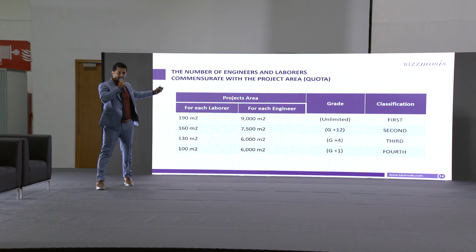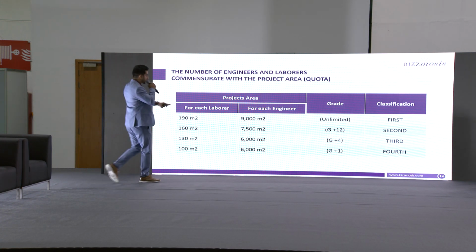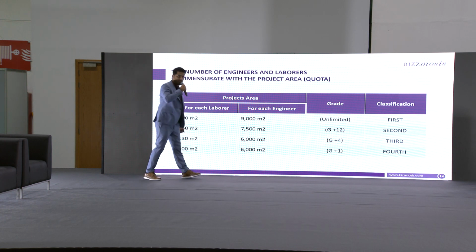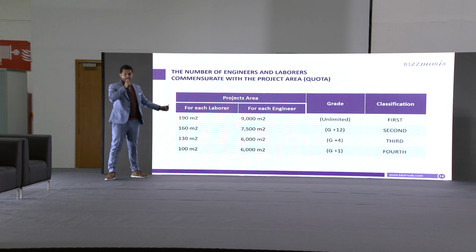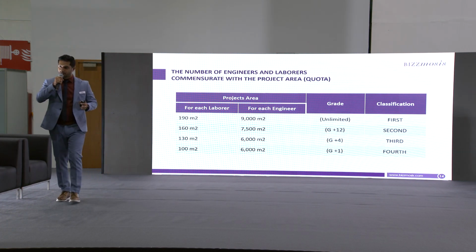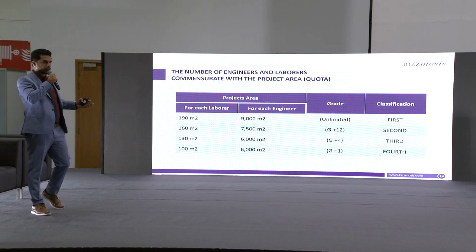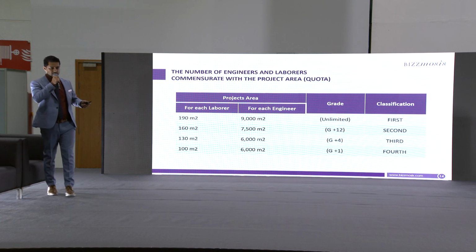As I said earlier, for the first classification, unlimited, each engineer is classified at 9,000 square meters and 190 square meters for each laborer. So depending on the size of your project or the area you cover, the company needs to have a corresponding number of engineers.